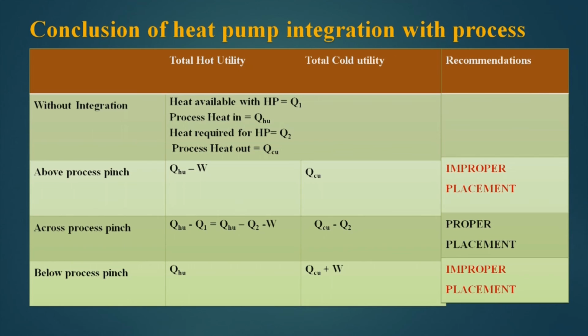Across the pinch is proper placement, because it reduces the hot utility and cold utility, and below the pinch again improper placement, that means do not place heat pumps below the pinch. So, the only place where a heat pump will profitably work is across the pinch.